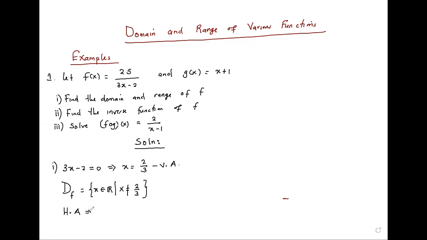In this case, the horizontal asymptote, because the numerator variable has a degree lower than the denominator variable, because of the difference in the powers, we are saying the horizontal asymptote is a line y is equal to 0.